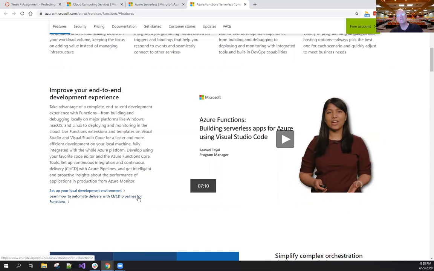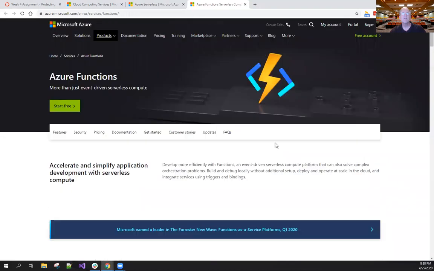Amazon has a CI/CD pipeline thing. They didn't tout it because I didn't see it. They've got it, and I'm certain they have it, but this is a very nice functionality to have. Continuous integration, continuous delivery with Azure pipelines. So this is basically Lambda.